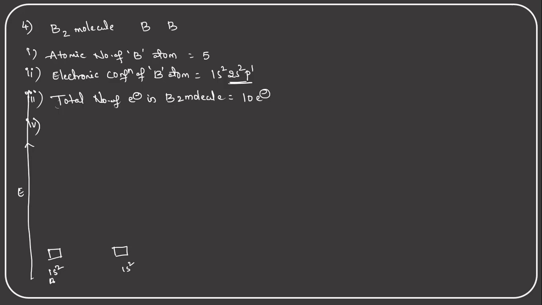This is one boron atom and this is the other boron atom. So they will both form the molecular orbitals. Here this is the sigma bonding and this is the sigma star, and this is the bonding molecular orbital, and the higher energy one will be the anti-bonding molecular orbital, right?